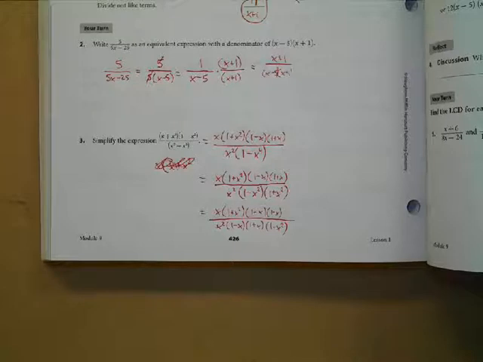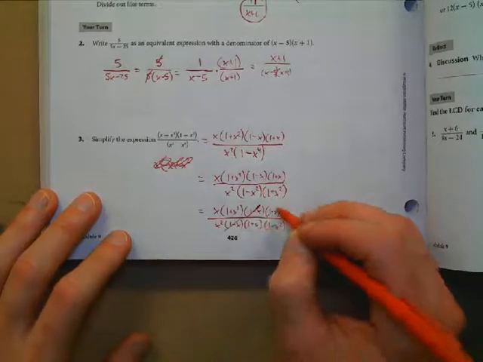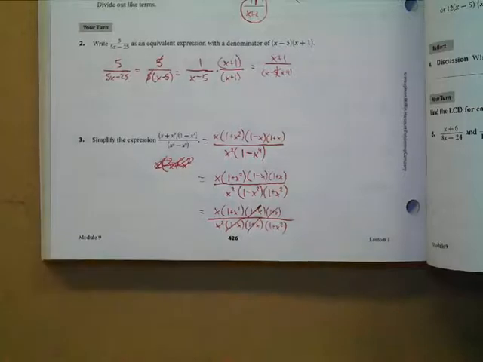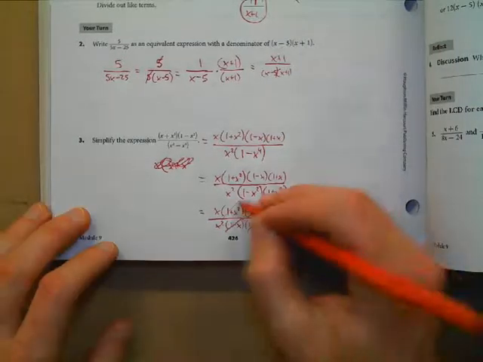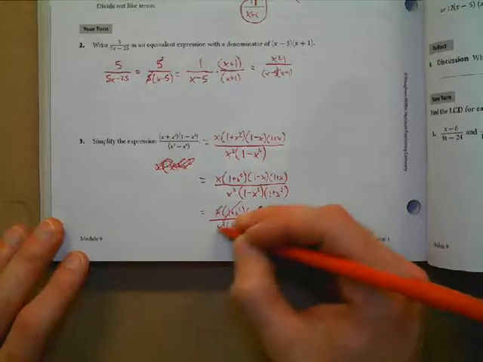So now, what cancels? The 1 minus x cancels the 1 minus x. The 1 plus x cancels the 1 plus x. The 1 plus x squareds cancel. Then we have x over x squared. So if I cancel this x out, what's going to be left behind from the x squared?